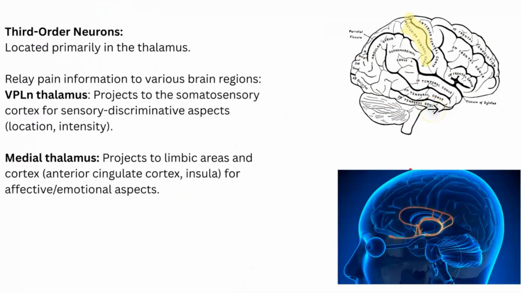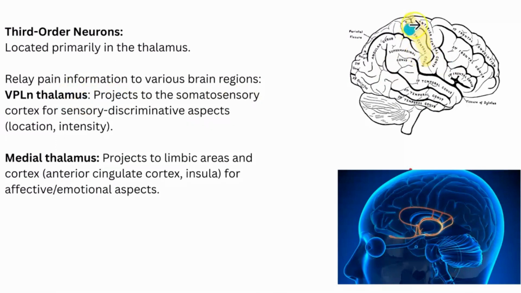Now the final section of the pain pathway, the third order neuron. The third order neuron starts from our thalamus and eventually reaches the cortical area. So it plays a major role in understanding and perceiving the pain. The third order neuron relays the pain information from the thalamus to the somatosensory cortex. We will see the somatosensory cortex somewhere here in the brain.